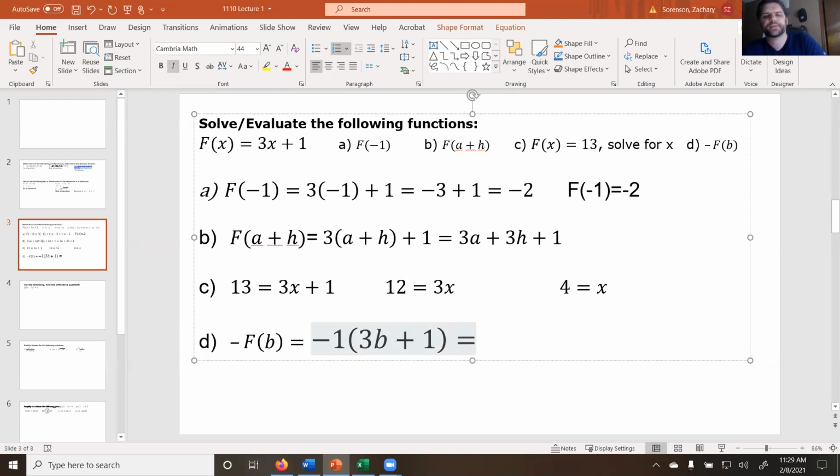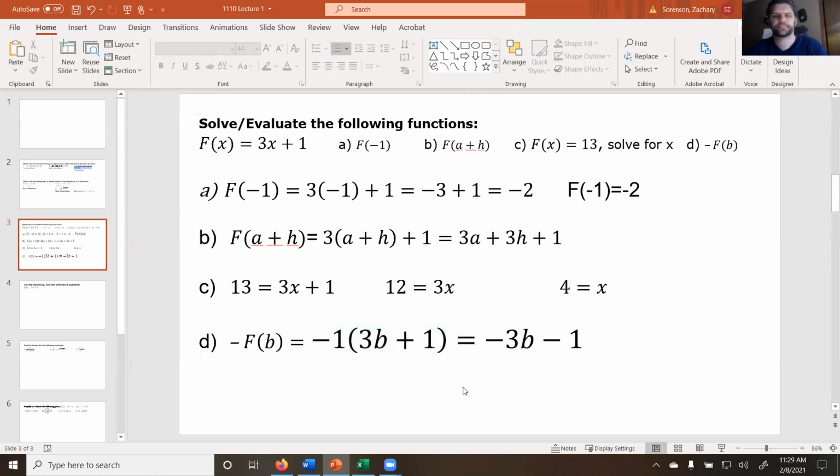So my final answer is going to be what? -3b minus 1. Any questions about this? Great.